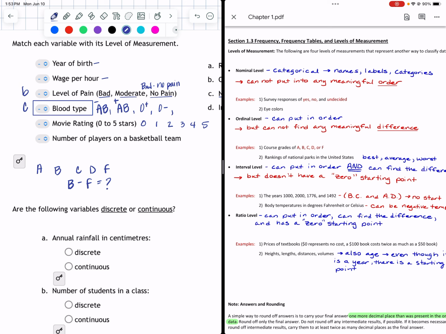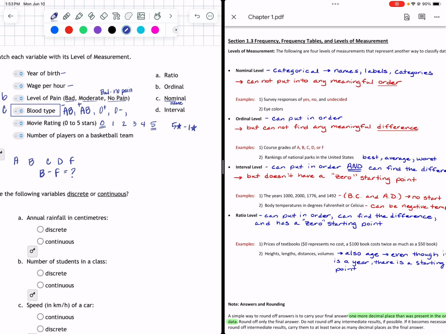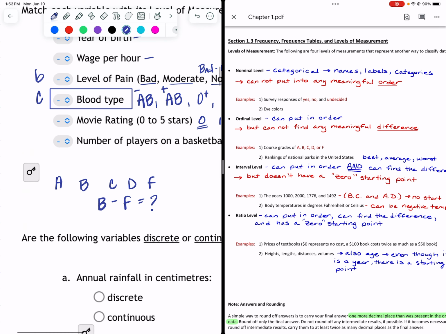Those absolutely matter because having 5 stars is way better than having 0 stars. So I can put that rating in order. However, if I do 5 stars minus 1 star, as far as movie ratings go, that doesn't have a meaning. So, with that said, I think we are going to give this an ordinal level also.